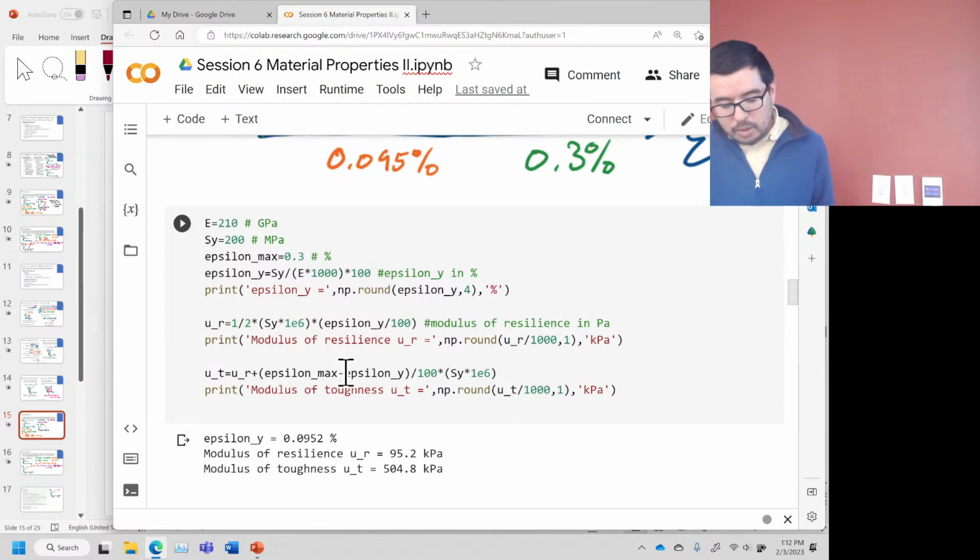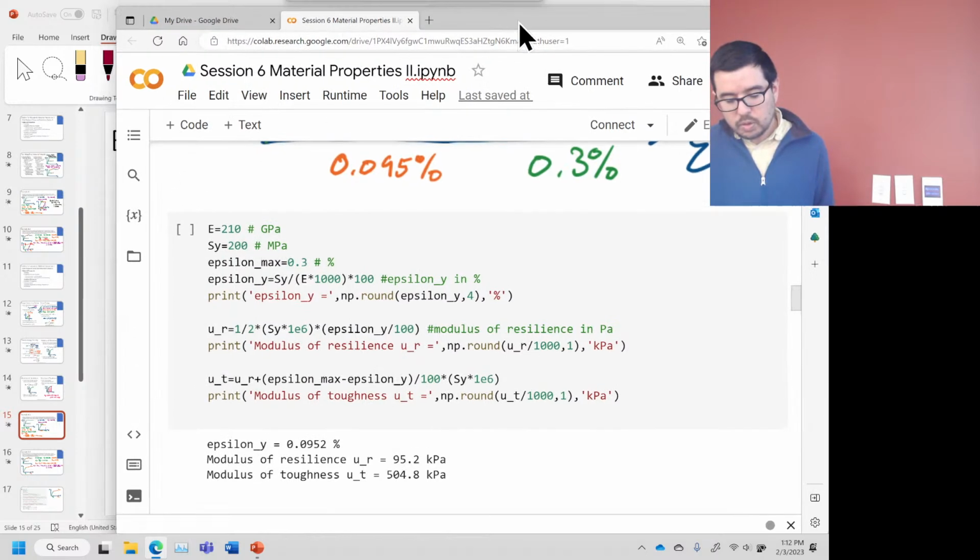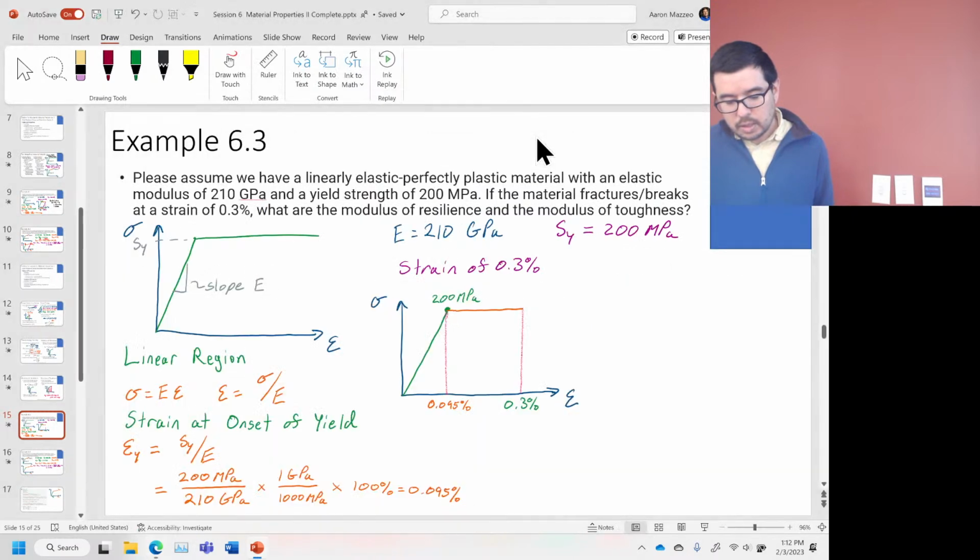Modulus of toughness is going to be this modulus of resilience plus now the rectangular portion. So epsilon max minus epsilon y, times the yield strength. That's this region right here.